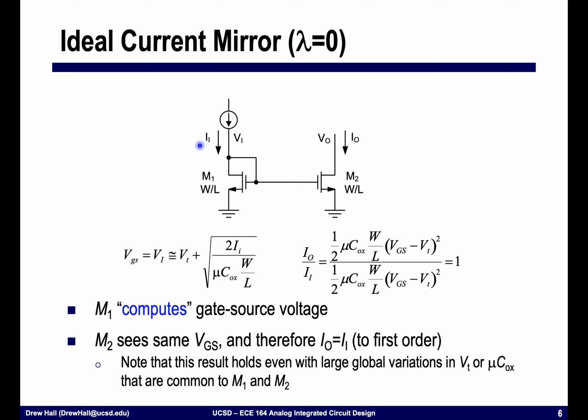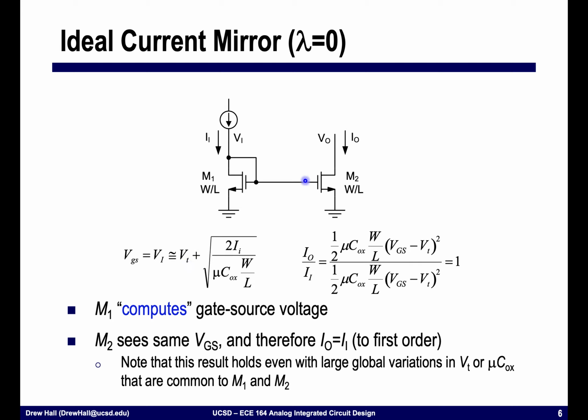Now, why is this so important and why is this commonly used? You can imagine that if the threshold voltage was slightly different on this wafer, VT of these two transistors is still going to match, given their close proximity to each other. And more importantly, M1 computes the bias voltage using this VT.